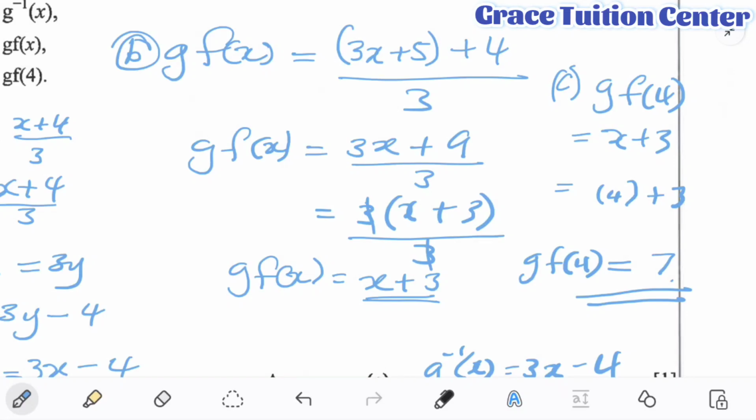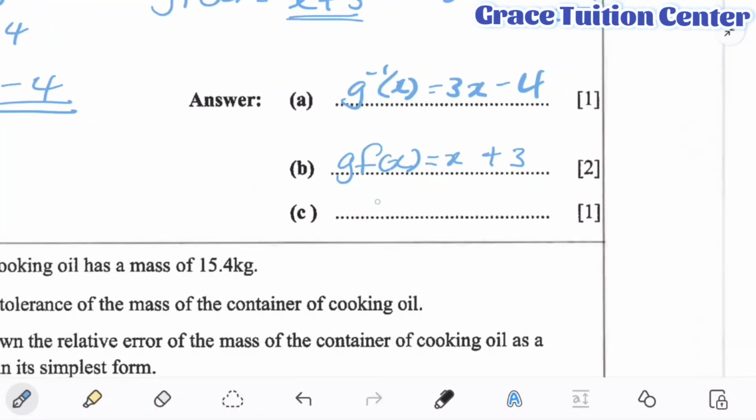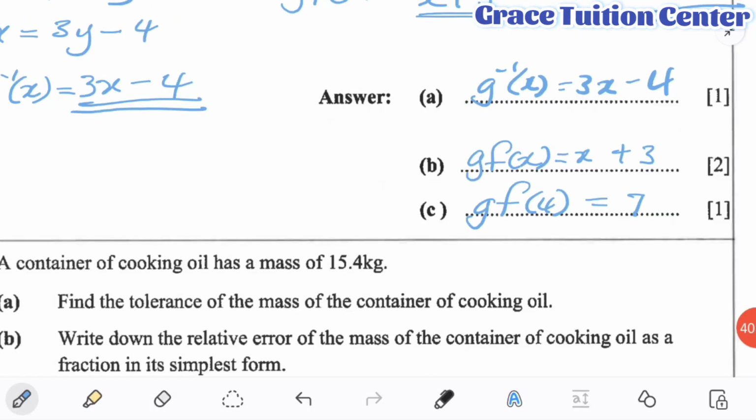Are we together? So we can come here in the answer space and write GF of 4 equals 7. Okay, so we proceed to the next question.